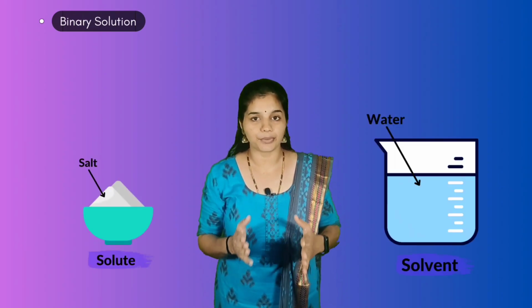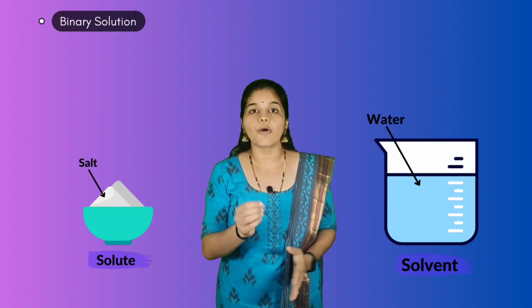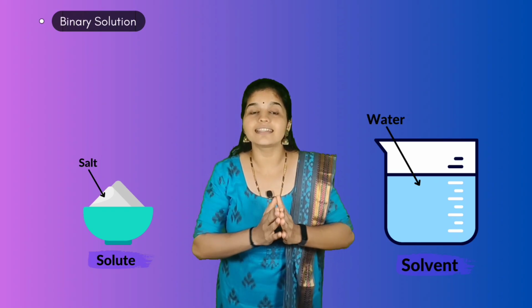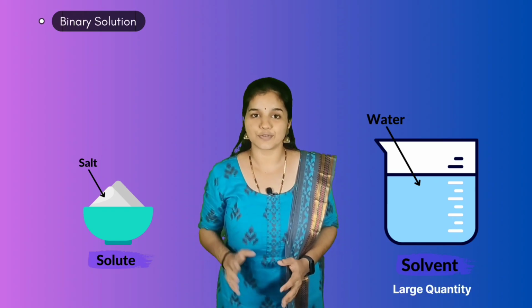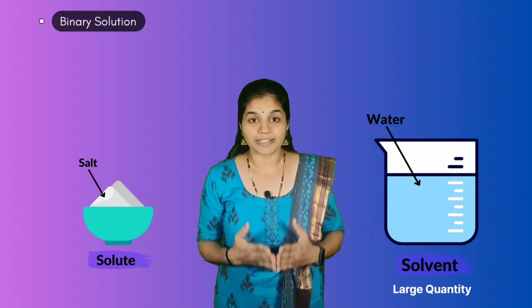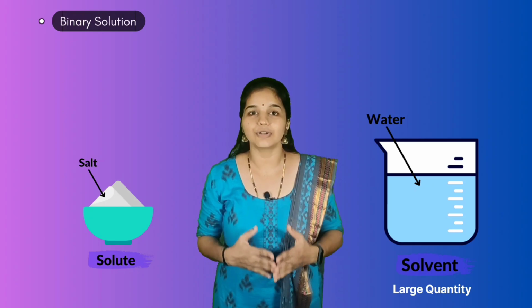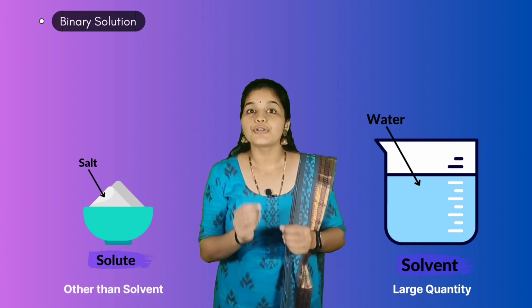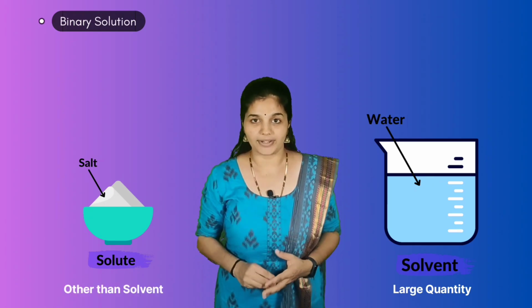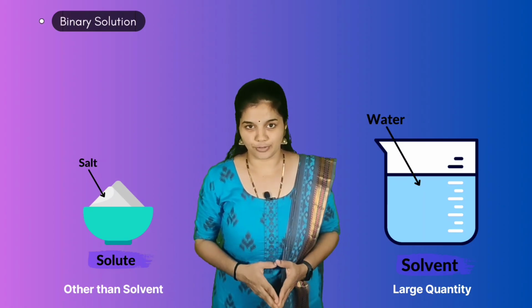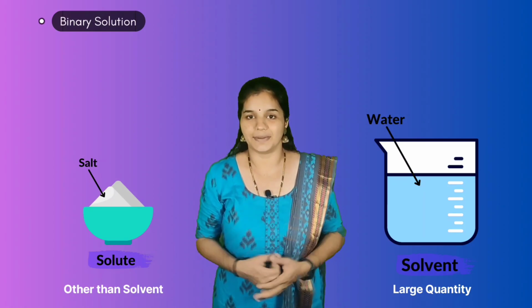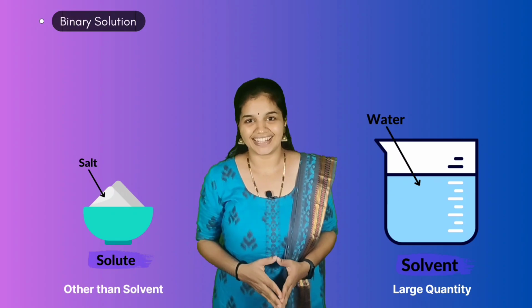Among the different components of a solution, the component that is present in the largest quantity is known as solvent. The other components present in solution other than this solvent are called solute. Solute is present in smaller quantity. In case of salt solution, which is the solvent then? Yes, correct.